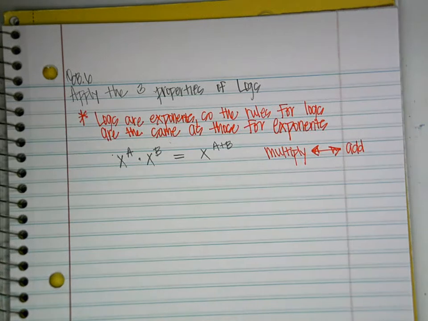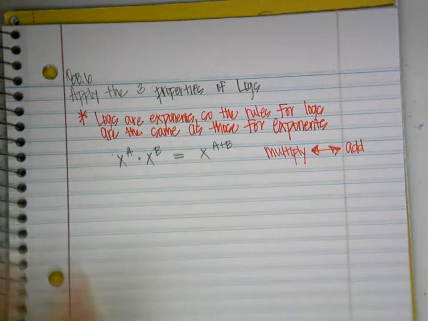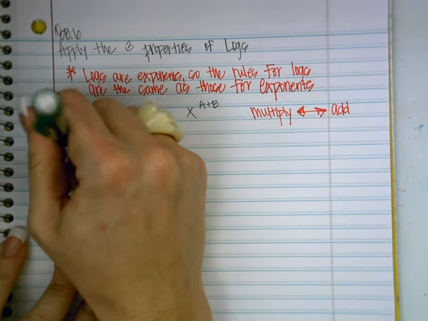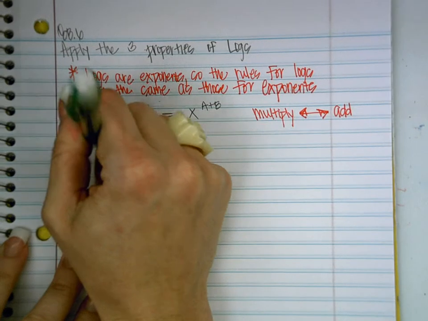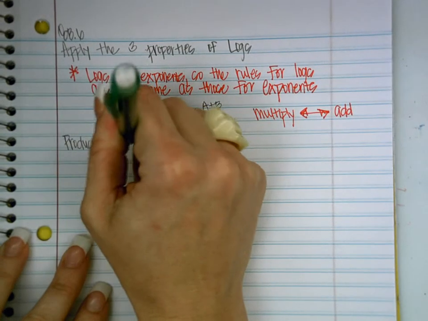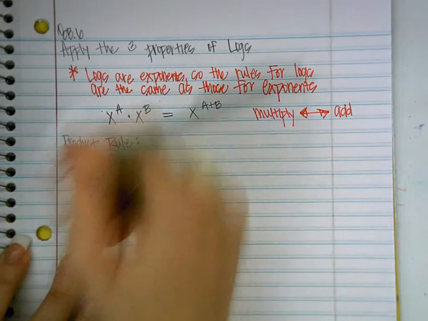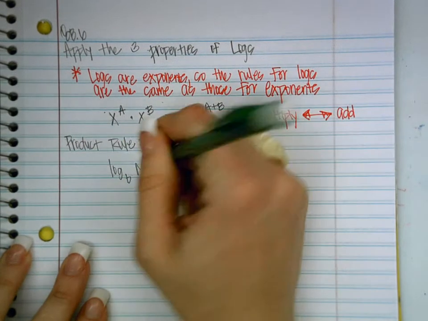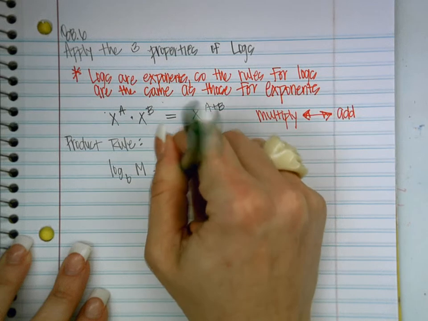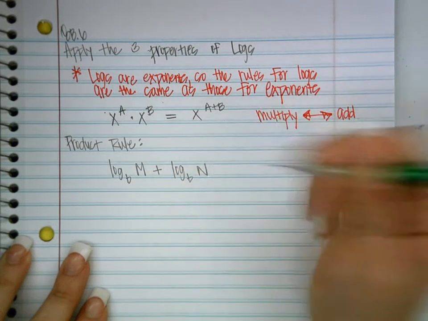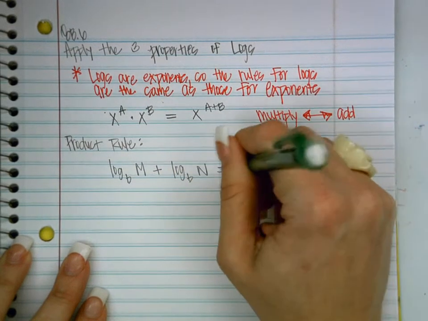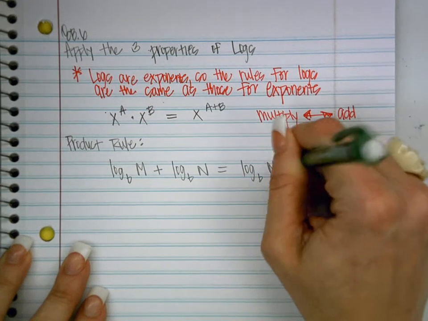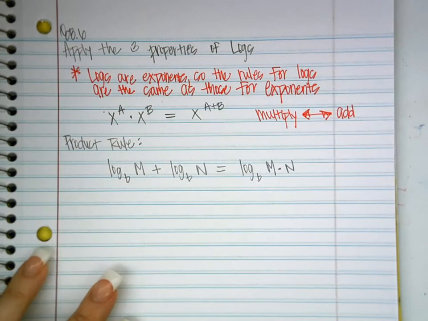Okay, so we're going to first talk about something called the product rule. What does the word product mean in math? It means multiply. So the product rule tells us that log base b of m plus log base b of n will equal log base b of m multiplied by n.